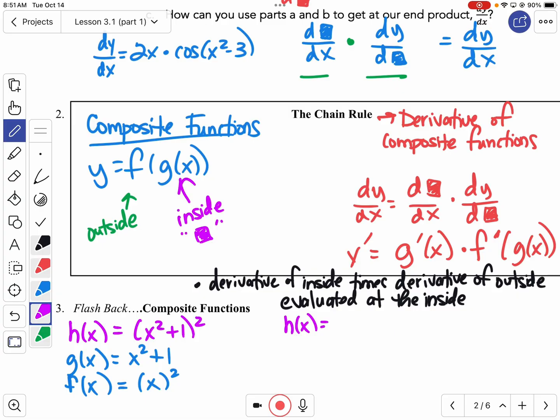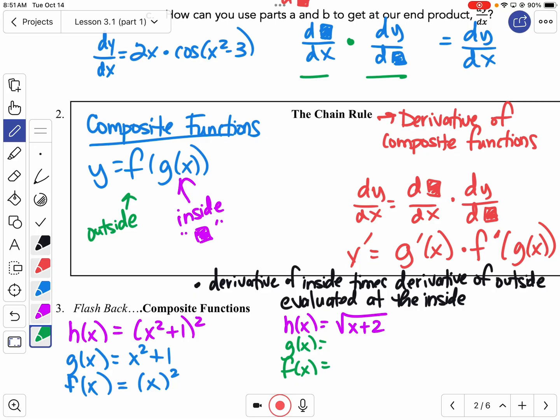One more, this one's for you. Just throw a square root in there because you like those. All right, so we have to be able to identify a composite function.